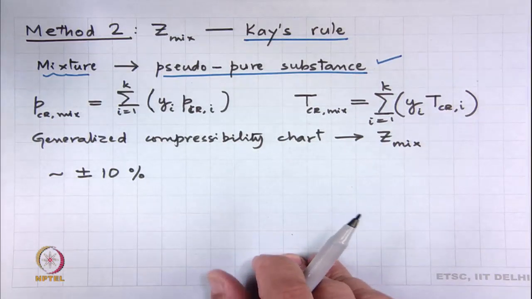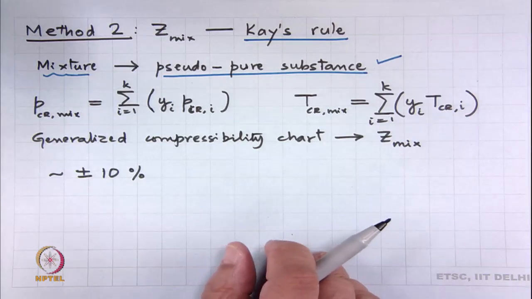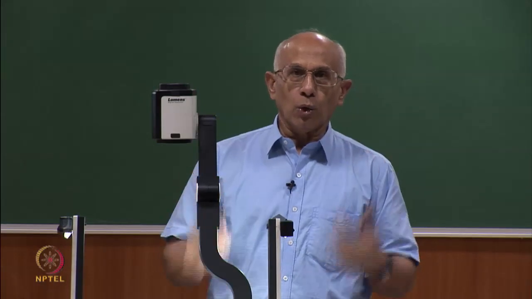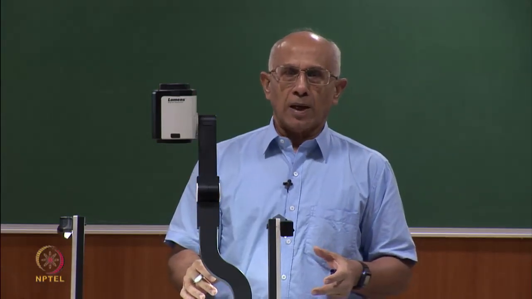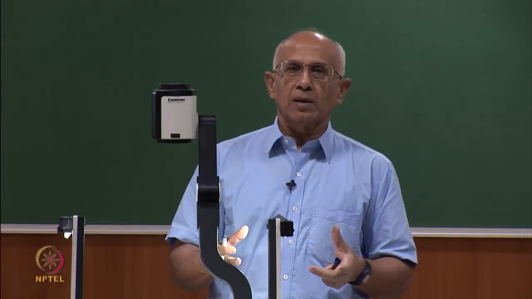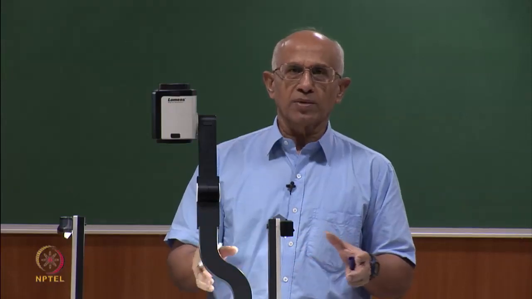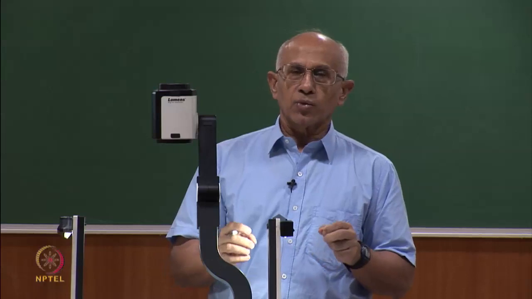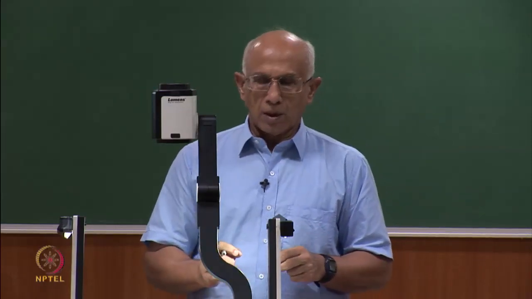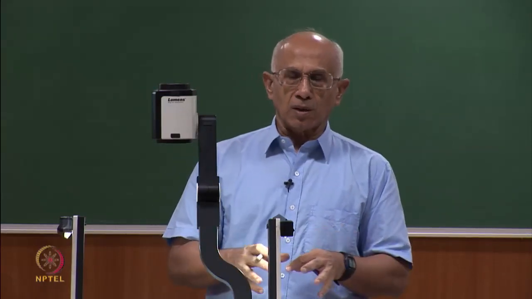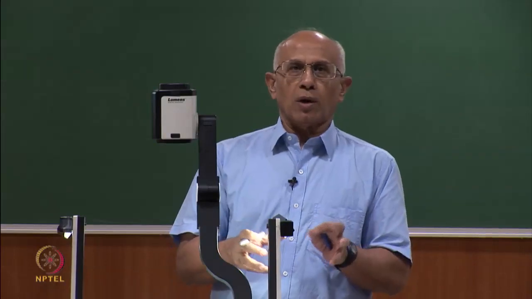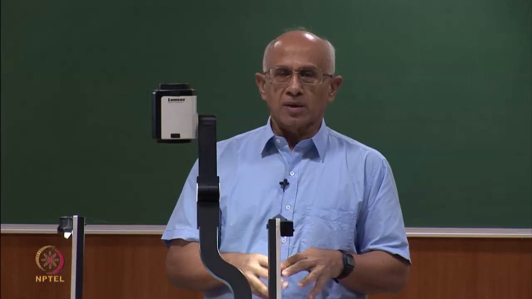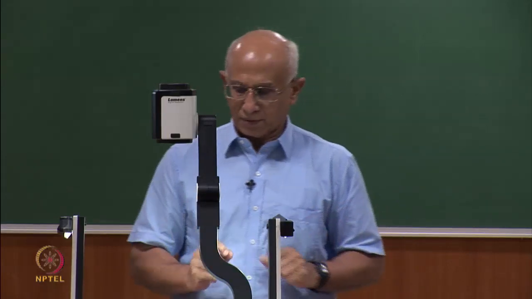That we know that the mixture has got different molecules in it, but we are going to ignore that difference and say this whole thing behaves like some sort of a homogeneous material, and that is why we put the word a pseudo pure substance. So, we are assigning this mixture a so called hypothetical single molecule, which is a quote unquote pure substance.